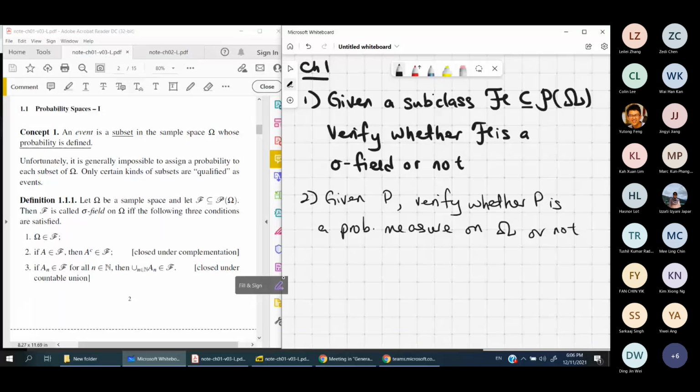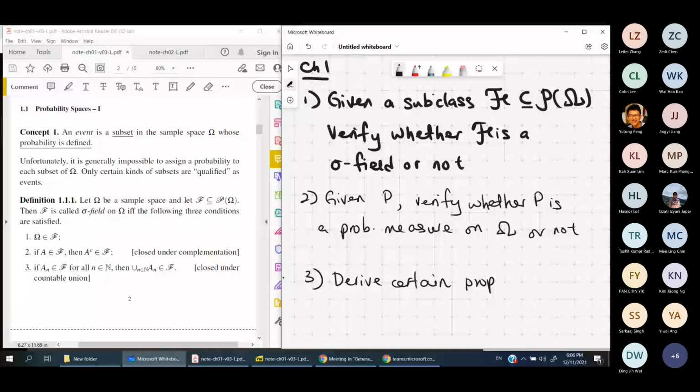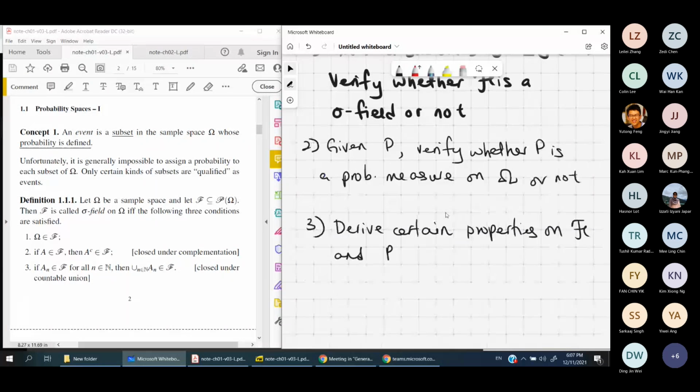And on top of that, you are able to derive certain simple properties of F and P.